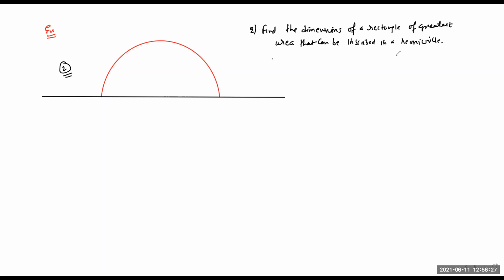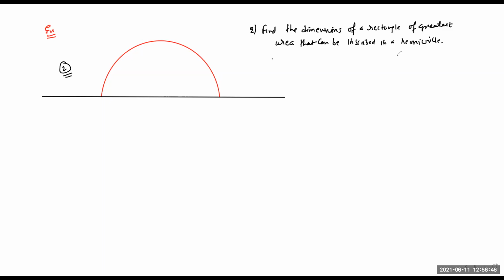Sir, I'm not getting it. Sir, I have calculated first the length, then the area. After that, what should I do? Sir, I have differentiated.